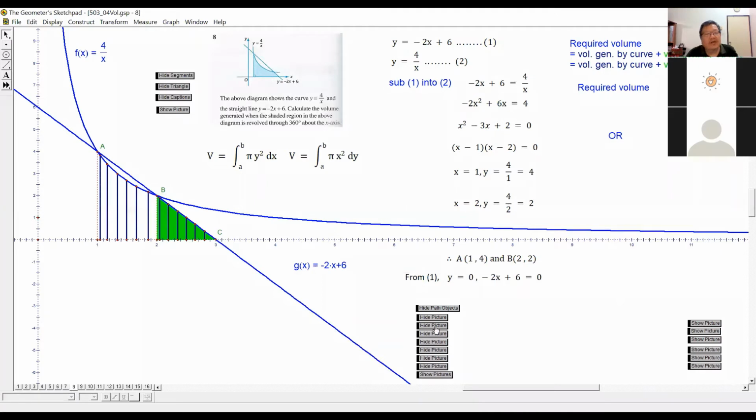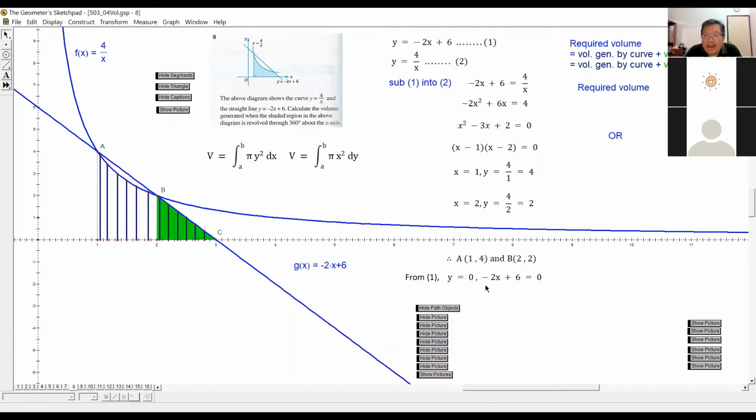Now, I want to find the point C. To find the point C, I have to use the equation of the straight line, equation 1. What should I substitute in? I have to substitute in y equals 0 because along the x-axis, y equals 0.